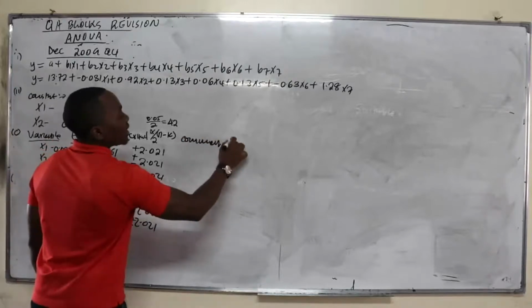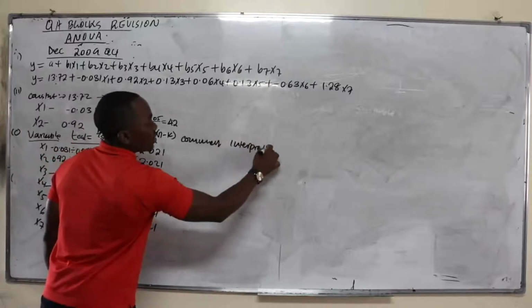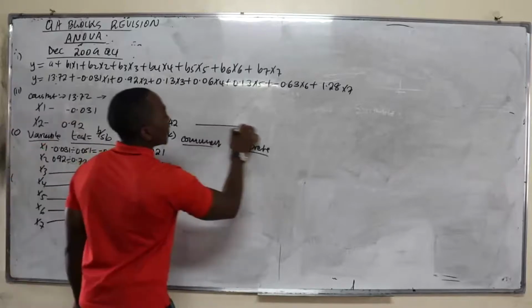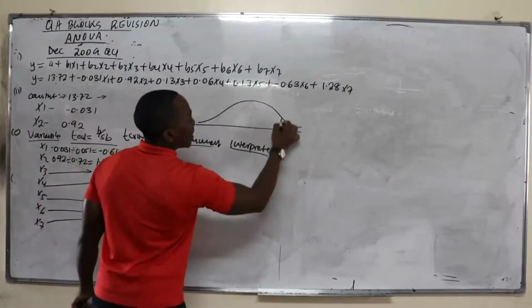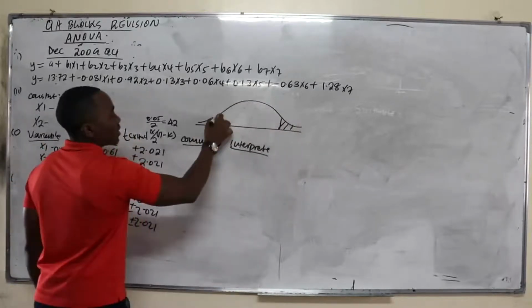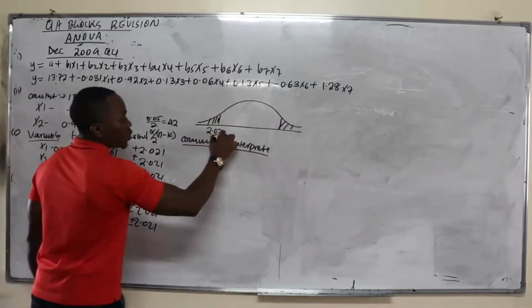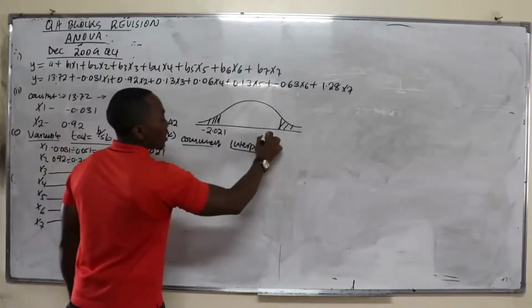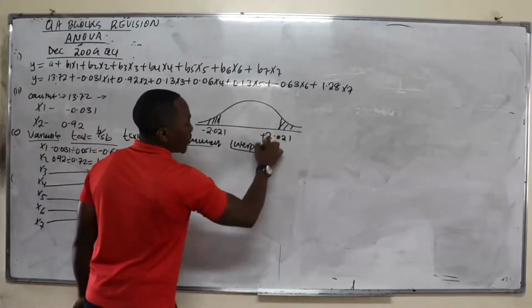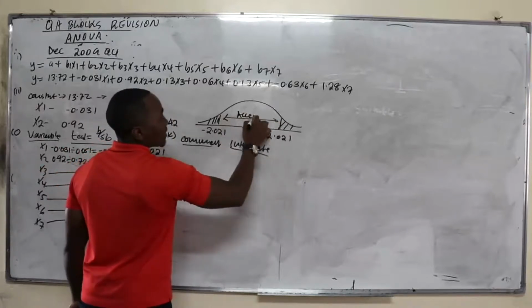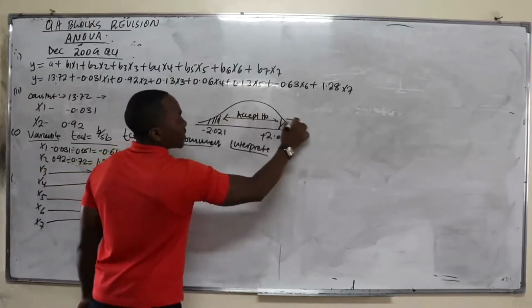Now let's comment and then we interpret. Let me draw a T table for you. In this case, we have a T critical of negative 2.021 and positive 2.021. If it falls within that region, that means we accept the null hypothesis.